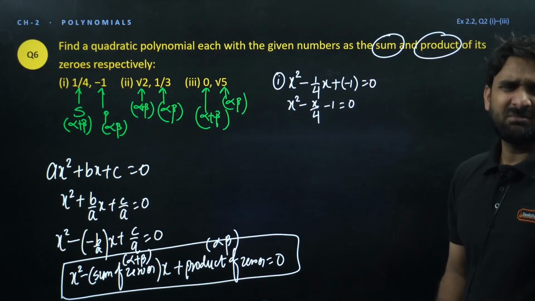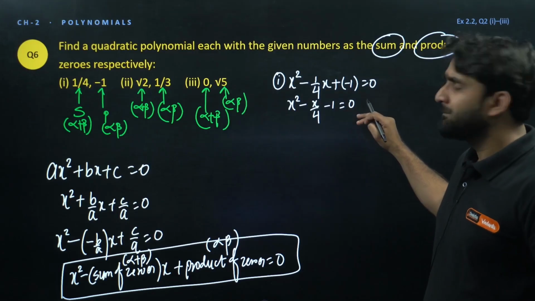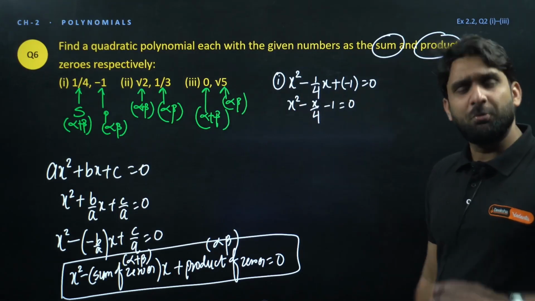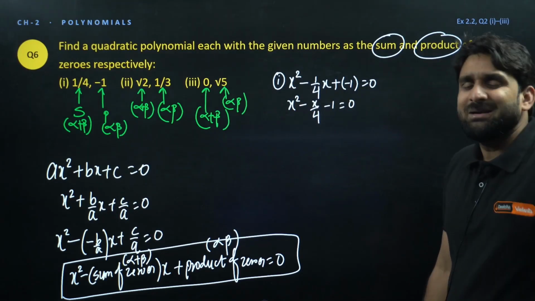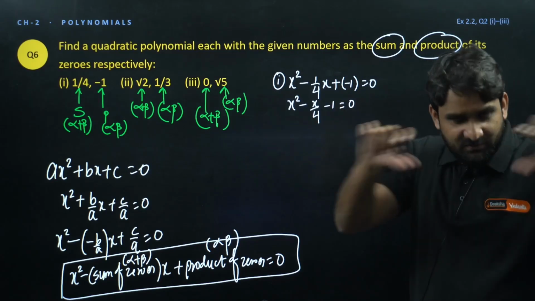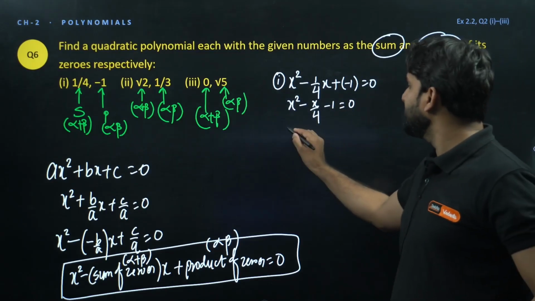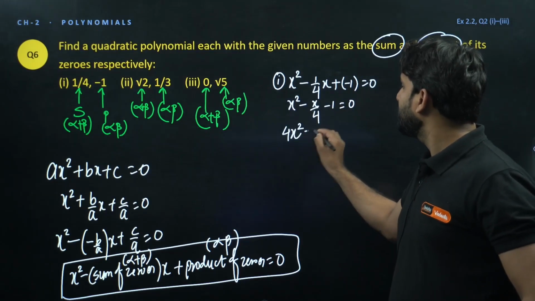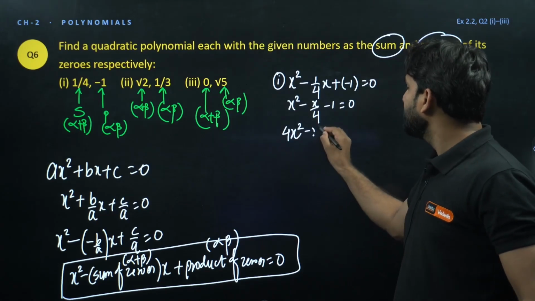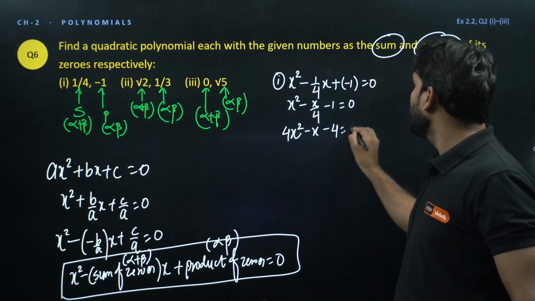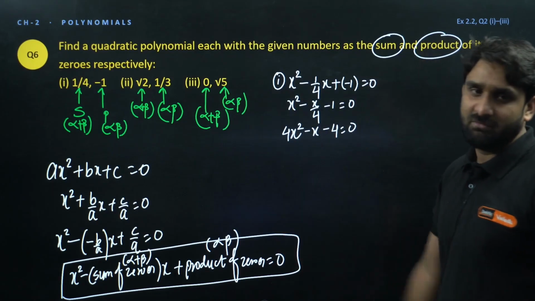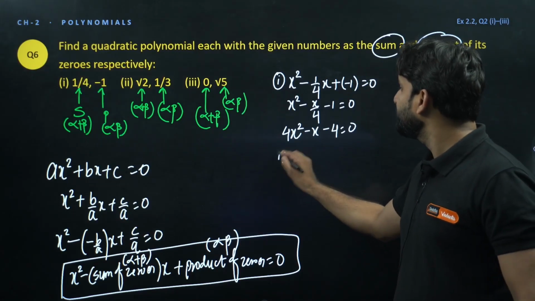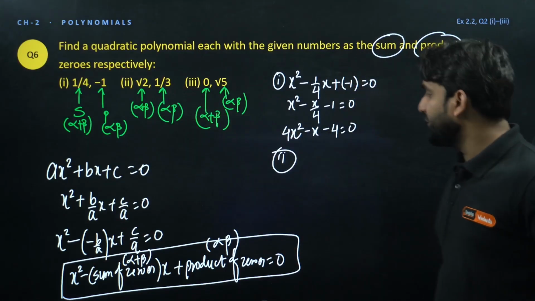Now solve this. So x square minus x by 4 minus 1 is equal to 0. We can take LCM. If you leave the solution here, no problem, you will get full marks. Better to make this equation in a single line, single format. So let's take LCM. So this will look like 4x square minus x minus 4 is equal to, when 4 will multiply with 0, that will be 0. Okay, second question. This is root 2, this is 1 by 3. Don't worry.